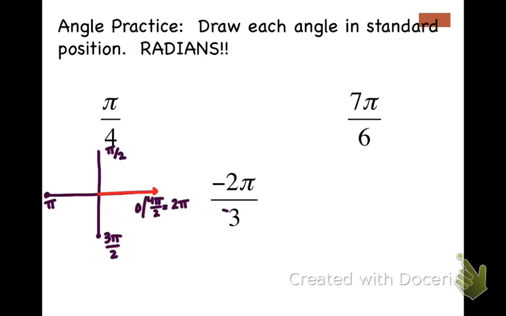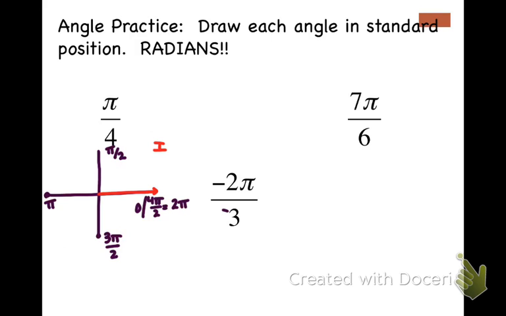So this pi over 4 fits between 0 and pi over 2. Pi divided into 4s is bigger than 0, but it is smaller than if I took pi and divided it into 2s. So it's going to be in this first quadrant here. This is where it's going to land.